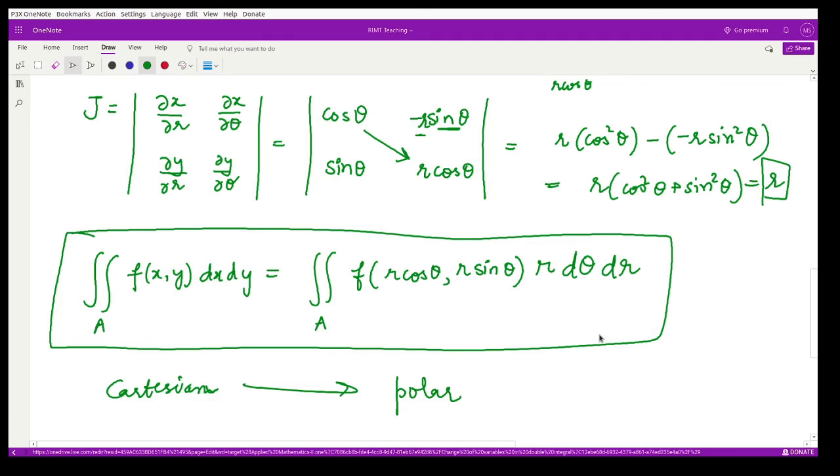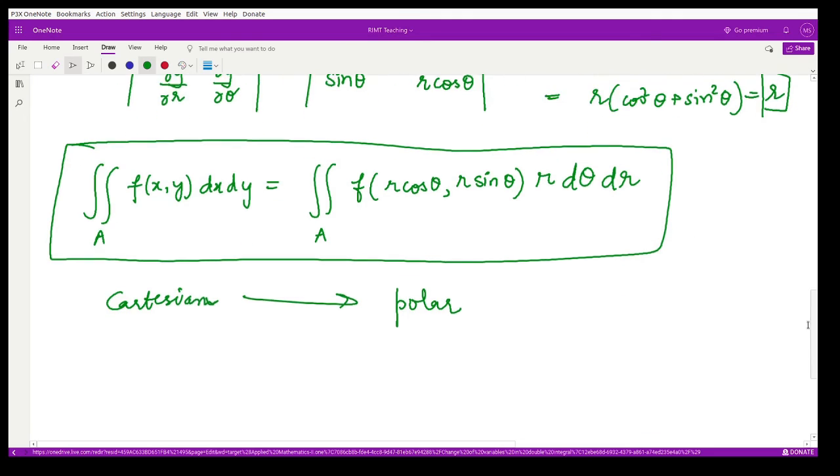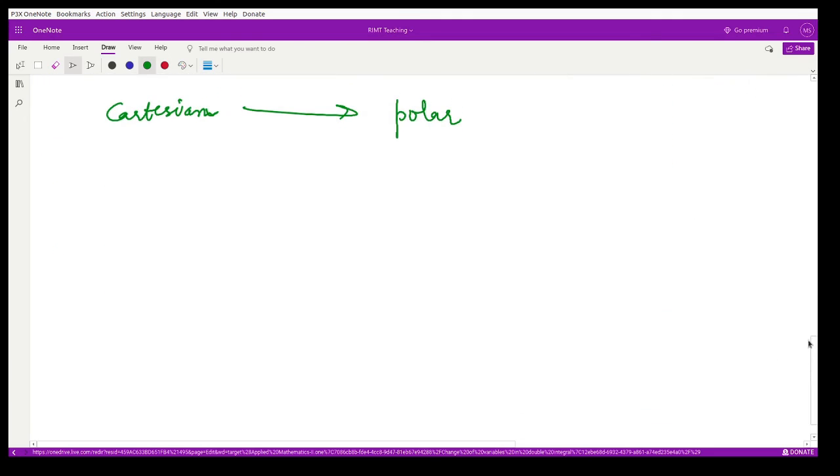So here usually the main part is how can you take the limits here. So before going on to there, let us see one question, or let me first tell you how can you take the limits here.